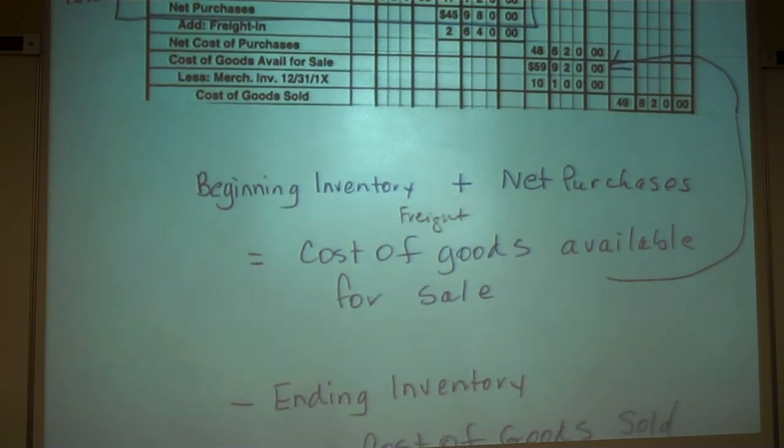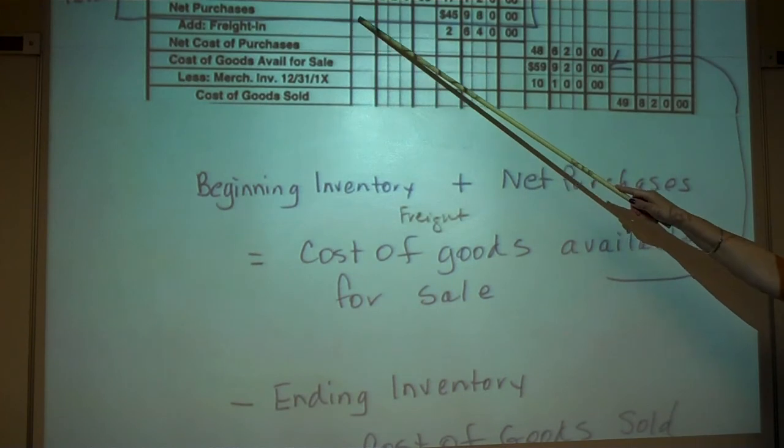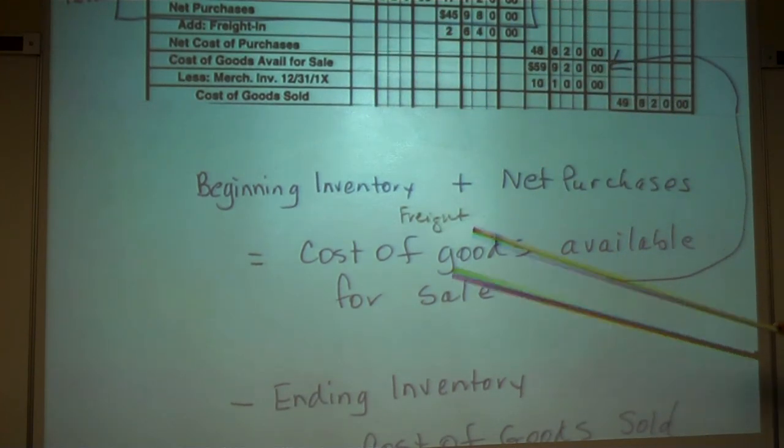Our gross purchases, total purchases, minus purchases returns and allowances, minus purchases discount, gives us the term net purchases. That's this little calculation, the one that I've outlined in blue.